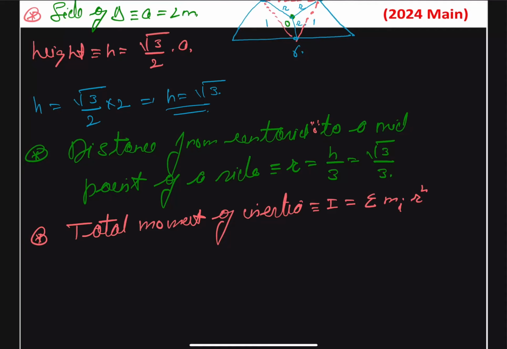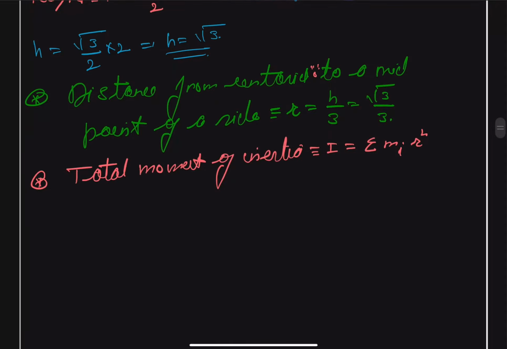Here we have 3 masses, so the value of i will be 1, 2 and 3. The value of r is the same in all the cases, that's why we have written only r. Otherwise we can make certain adjustments in this distance formula also.